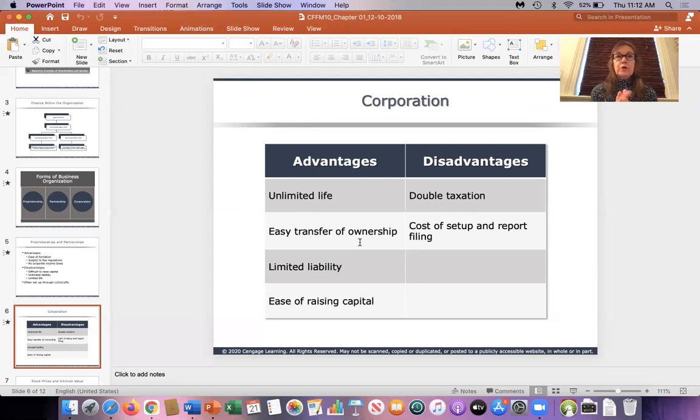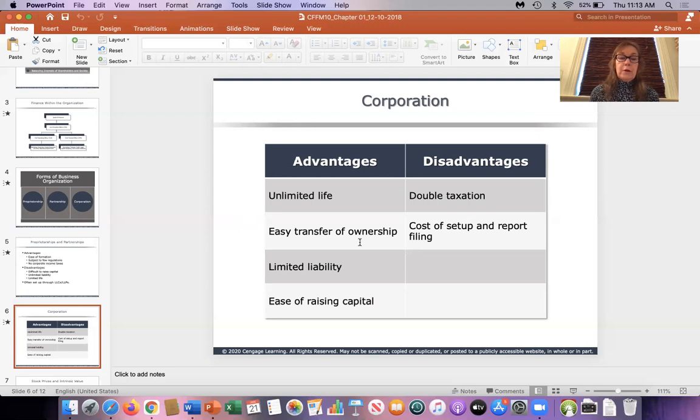For example, some of you might be familiar with Robinhood. That's an app where you can buy and sell stocks through your phone. They make it super easy to get into the stock market. If you go in and buy one share of Apple, which costs around $300, you're a part owner in Apple.